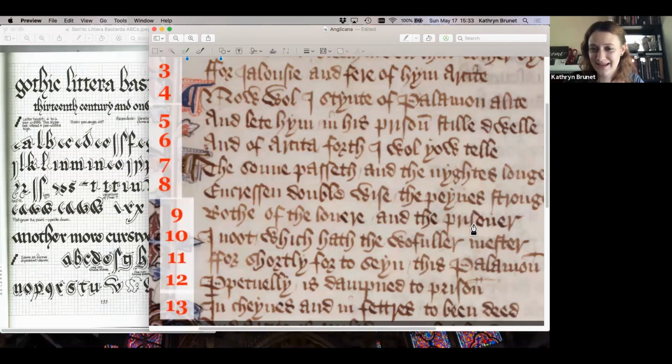And now we hit this. This might immediately look to you in modern eyes as an F. So if we call this an F and we move on, we'll come back to it and we'll see what it really is because it might not make sense. So here's an O. And then we have 2 minims.